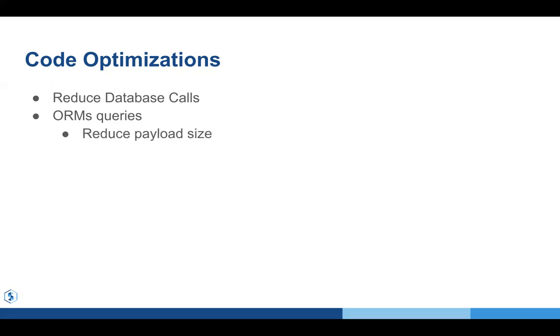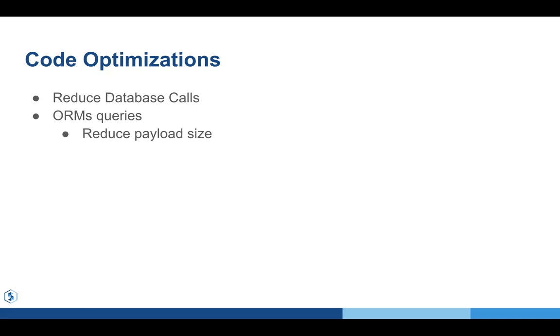So we need to reduce our payload size, for example on Hibernate using projections and stuff like that. Just grab the specific data that we are going to need to work with.